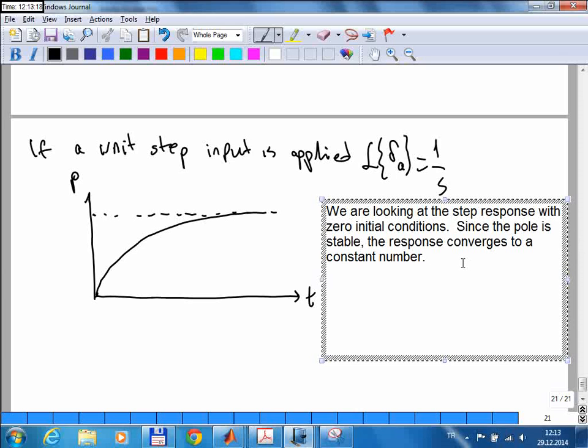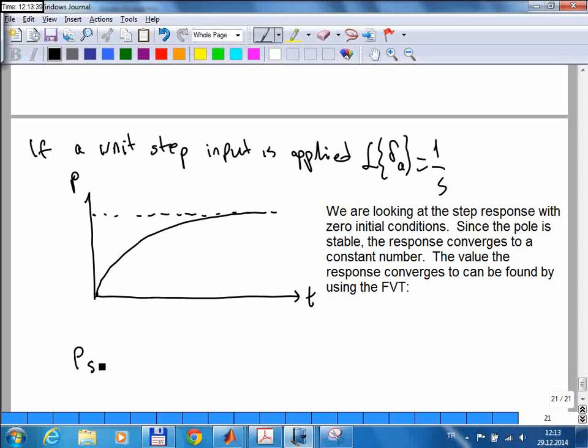Okay, so it converges to a constant number, and the value the response converges to can be found by using the final value theorem.